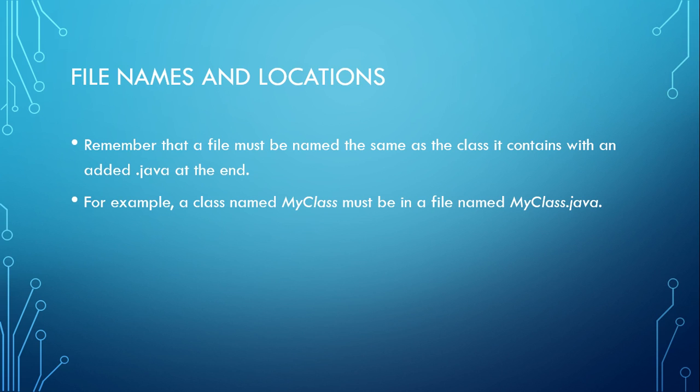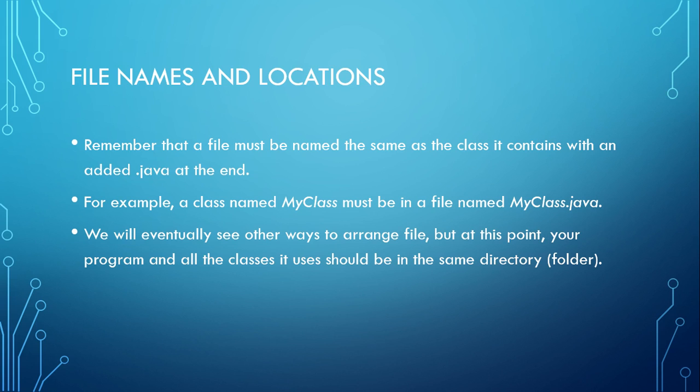So our biggest thing is going to be, when you are starting to reference your own classes, make sure that you are referencing the correct name and that that file is in the same project folder as your main class. Because if it's a different folder, Java's not going to see it unless you manually direct it, but we're not going to get into file pathing and all that other stuff.